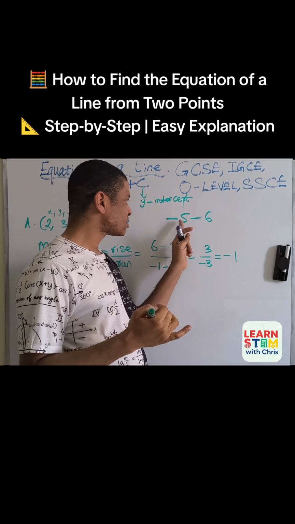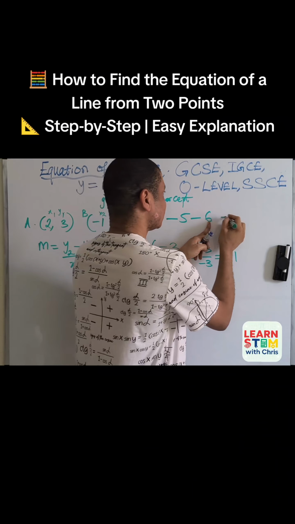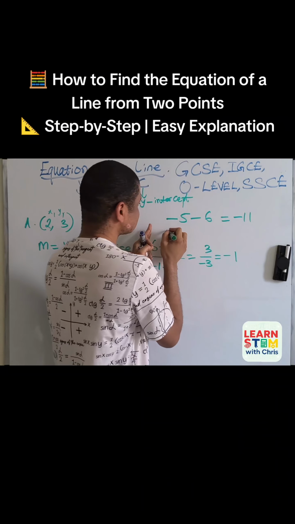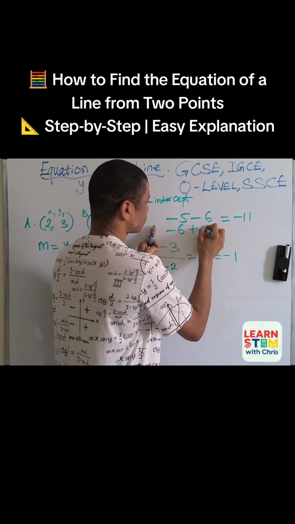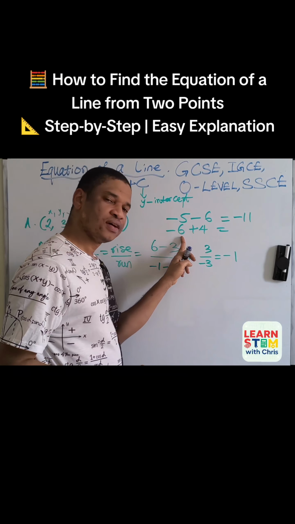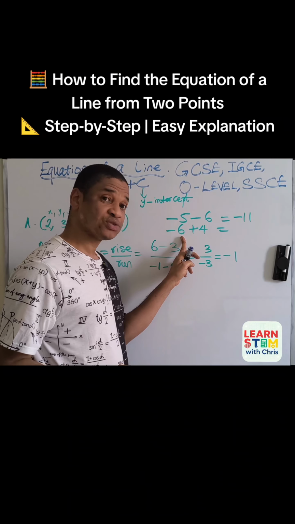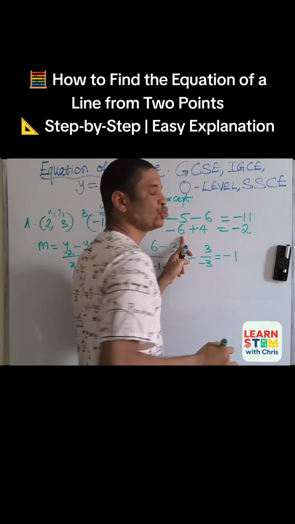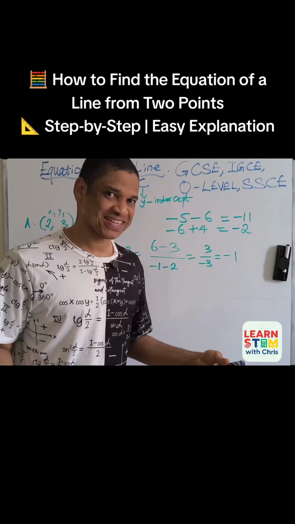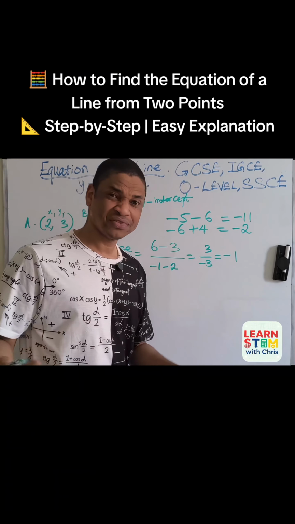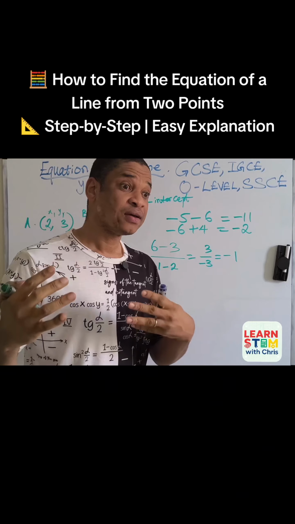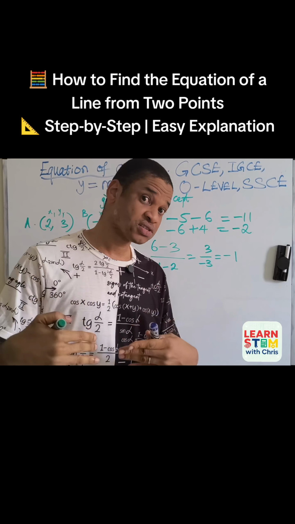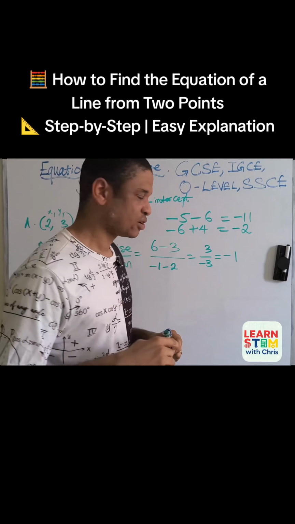You borrowed $5 and then borrowed from another person, that's -11. Let's say you have -6 plus 4. You're owing $6, you paid back 4, so you're still owing 2. This is how I explain it. Don't worry, I'll do a video on this, or if you want an easy way to explain something, just put it in the comment section.